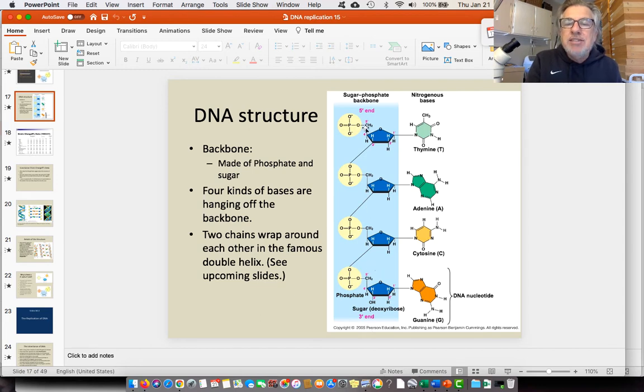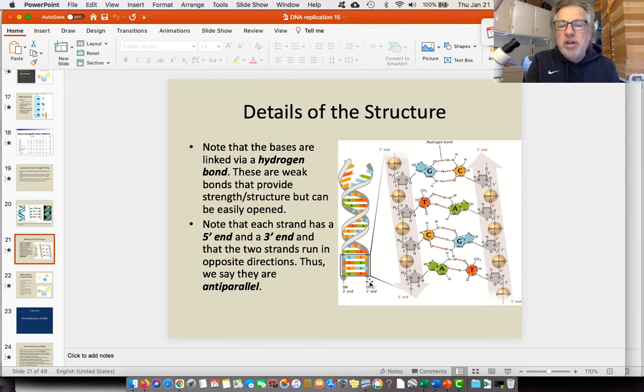So the chain has a directionality, and that is shown in this illustration here, where you can see the 3' end points down in this illustration, and the 3' end on the opposite chain points up. As a result, we say that the 2 chains are anti-parallel. They run in opposite directions.